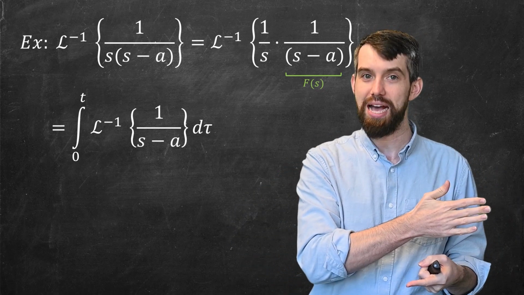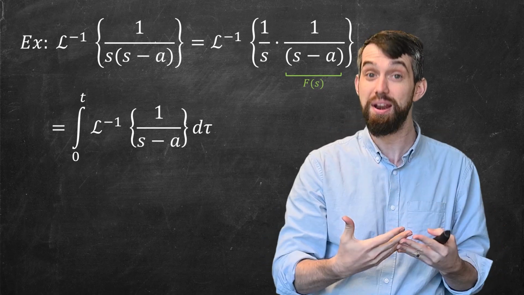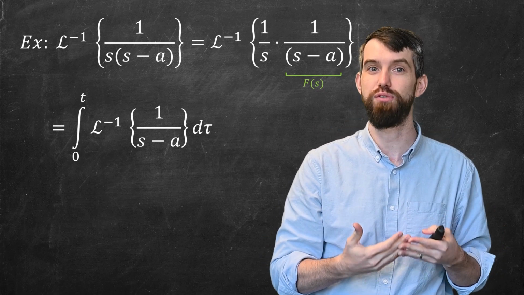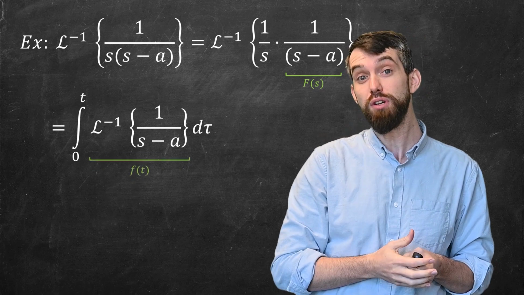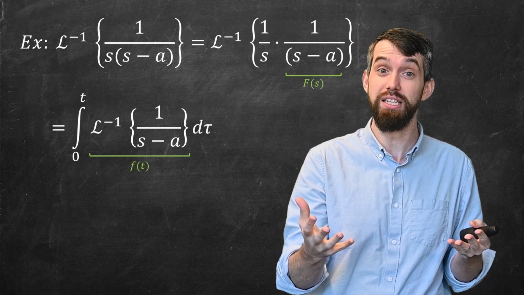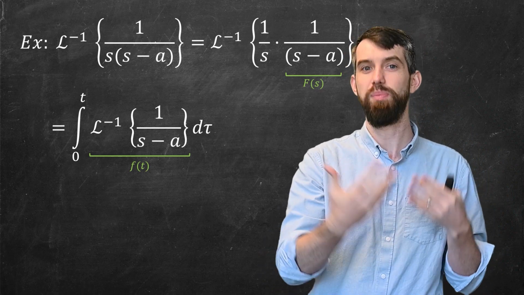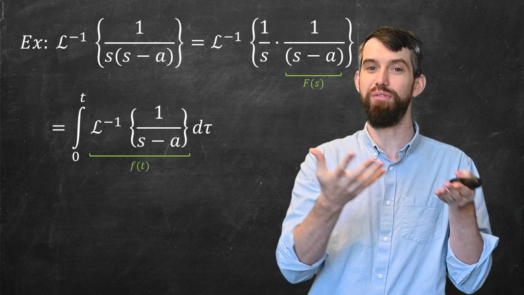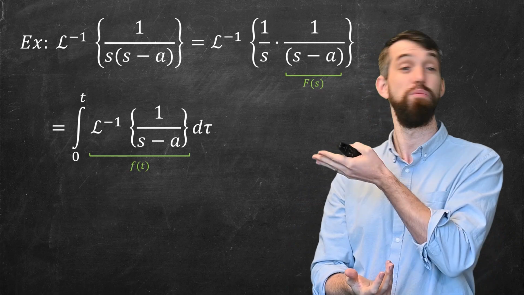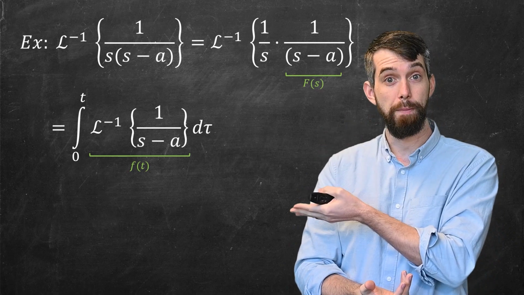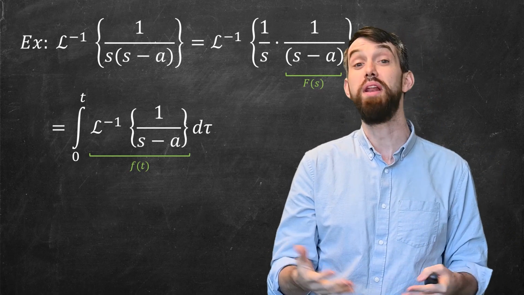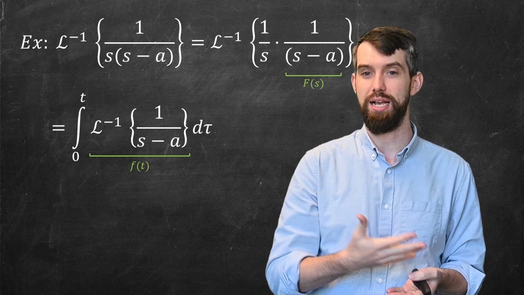Now I'm getting rid of the s because if you recall it was F of s divided by s, so it's the inverse Laplace transform just of the F of s, which is just going to be f of the dummy variable tau. Okay, so now the question becomes, what is the inverse Laplace transform of 1 over s minus a?